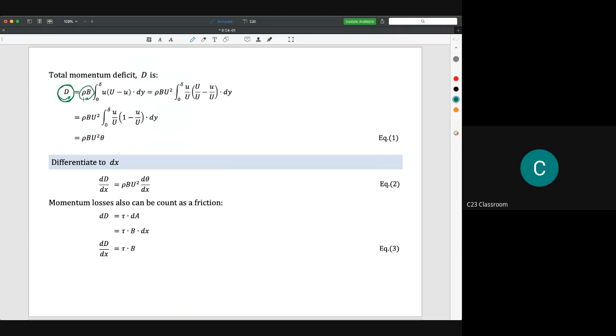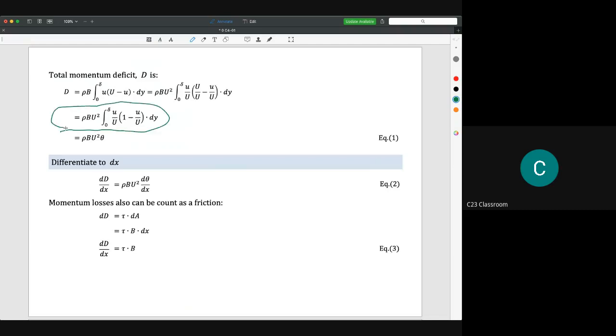Just to simplify this one, we multiply with u square over u square. Then we bring this u square inside the integral, and finally we could develop the equation of this one.